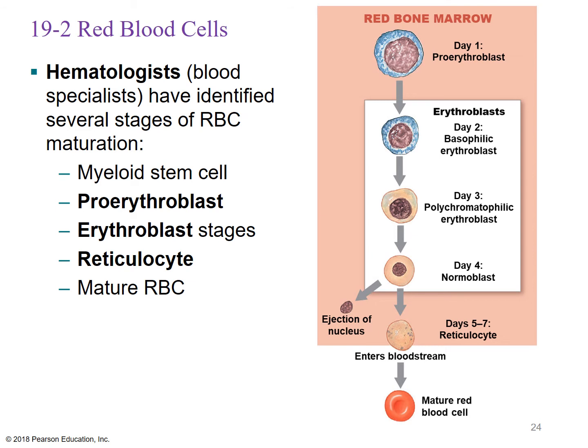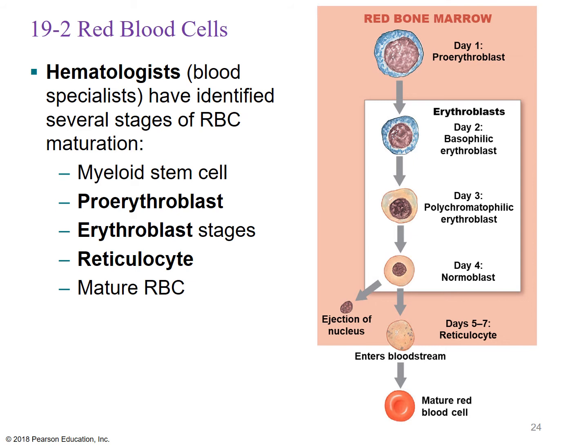Hematologists are blood specialists who have identified several different stages of red blood cell maturation. If you look over in the picture, on day 1 we have what's called a pro-erythroblast. Remember, a red blood cell can also be called an erythrocyte. So a pro-erythroblast is the beginning stage of the differentiation for a red blood cell.